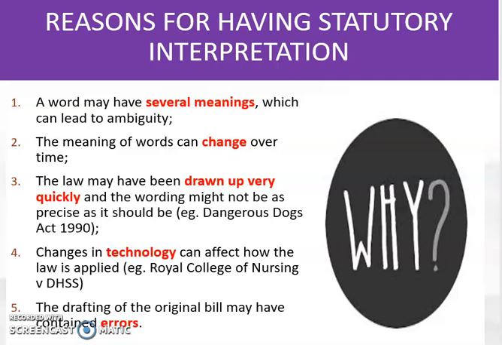So all of that really is trying to give you an introduction for why we have rules on statutory interpretation for interpreting Acts of Parliament. So what I've been trying to show you over the last couple of slides is that a word may have several meanings, which can lead to ambiguity. And you could maybe think of some examples of words that have several meanings.